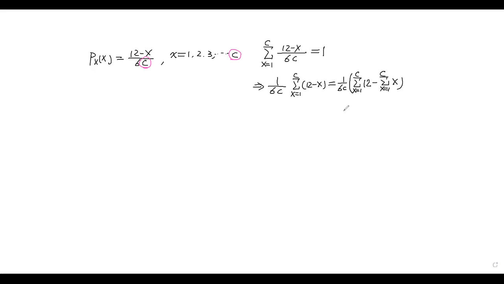For the first one, we have 1 over 6C. So what is this sum? That means you add 12, C times. So this one is 12 times C, so it's 12C.